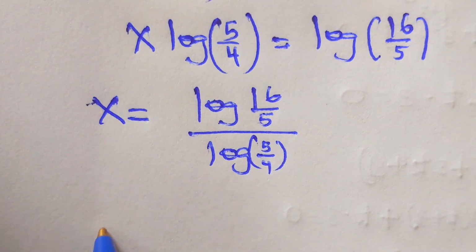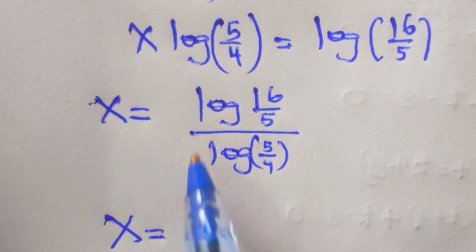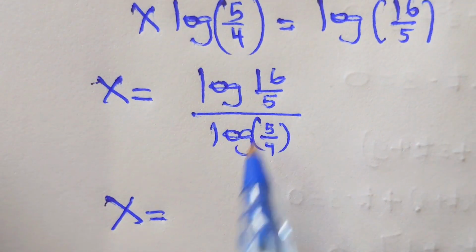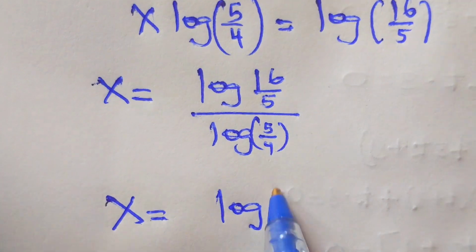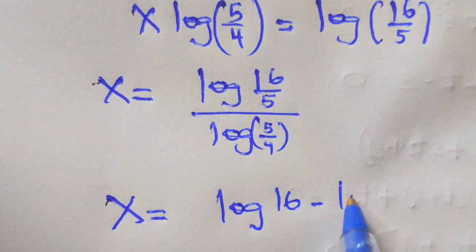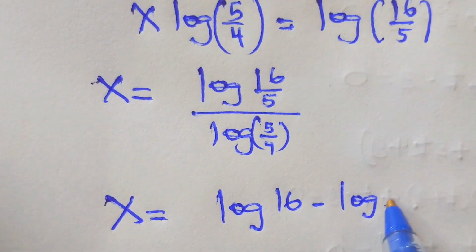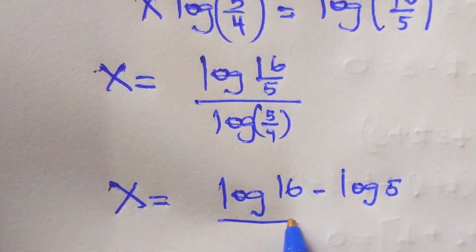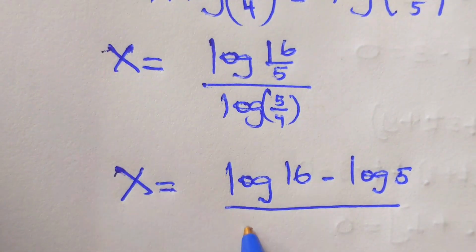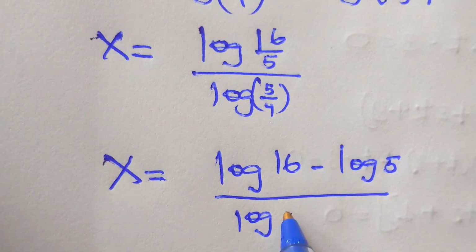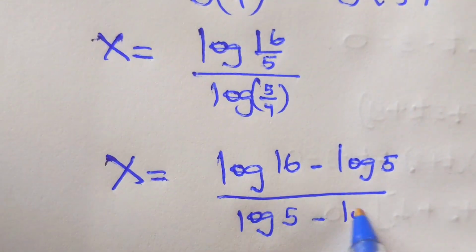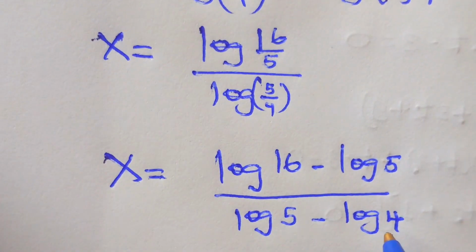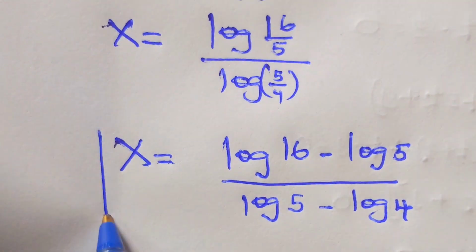Right, then x will be logarithm of 16 minus logarithm of 5, over logarithm of 5 minus logarithm of 4.